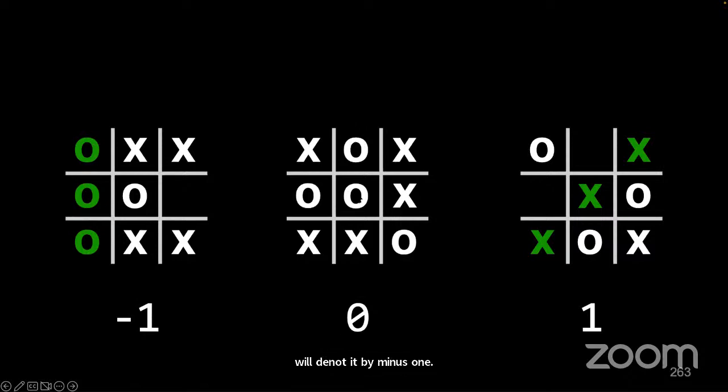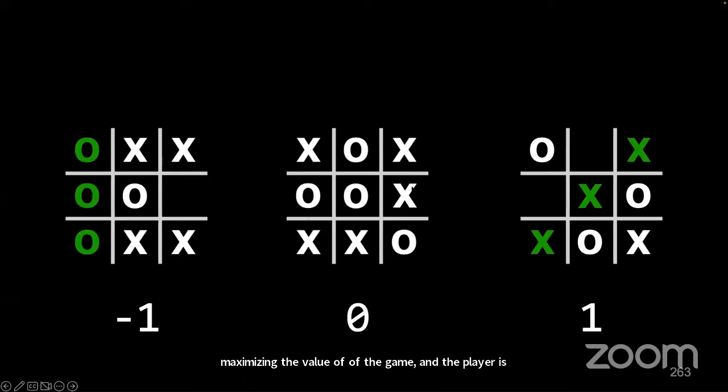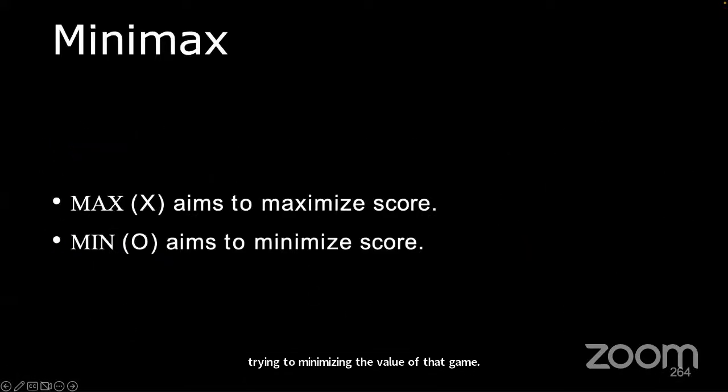If none can win, we denote the final outcome as 0. And if the X player wins, we will denote the final outcome as 1. So in this way, the player X is trying to maximize the value of the game, and the O player is trying to minimize the value of the game. So based on this convention, in this example, we will call the X player the maximizing player and the O player the minimizing player.